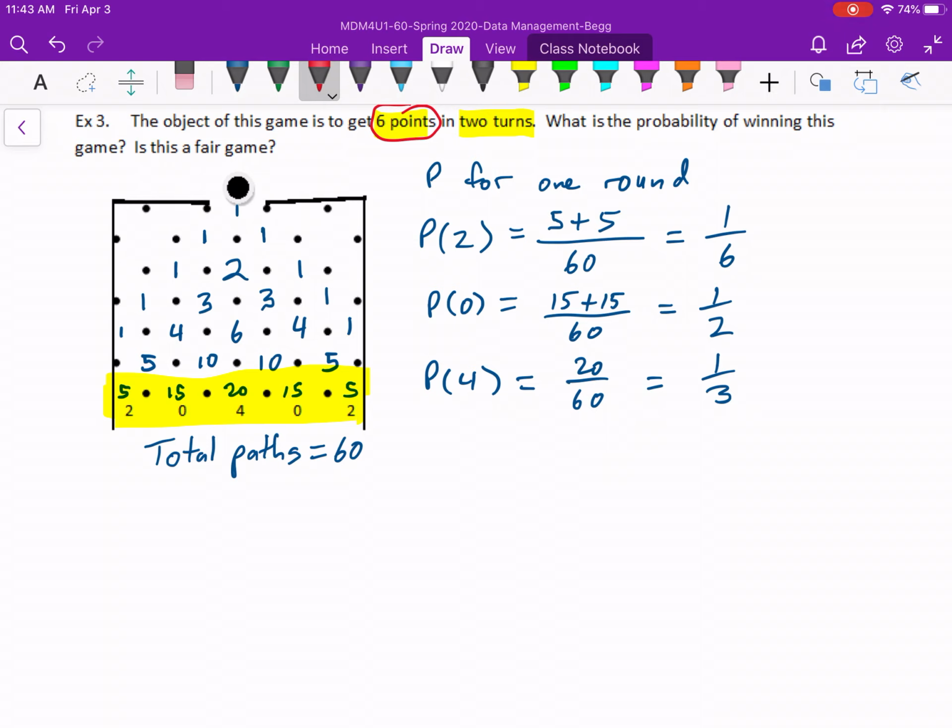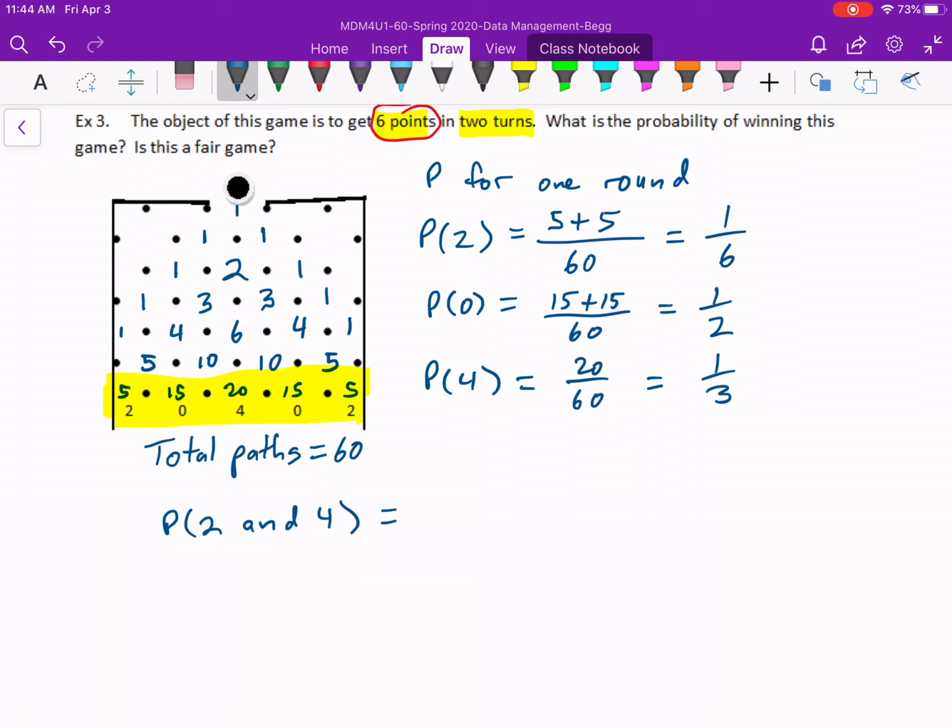So if you got a 0 on the first round, game's automatically over. If you got a 2 on the first round, then you'd have to get a 4 on the second round. That would add up to 6, right? 2 and 4. 2 followed by 4 gives you your 6 points.